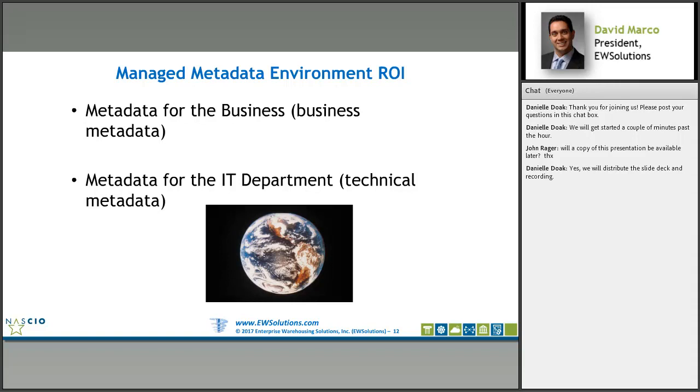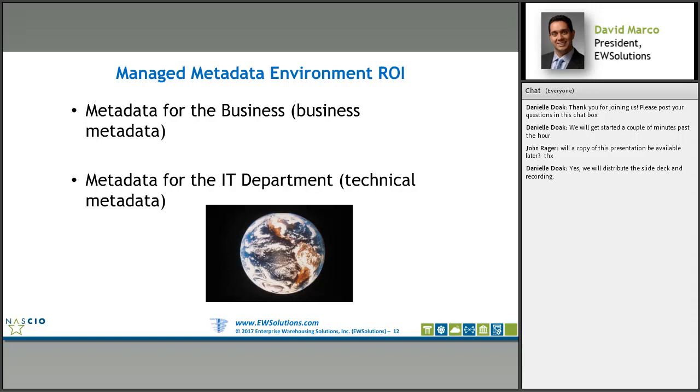Maybe it's your taxing department, maybe it's your roads, maybe it's your streets and sanitation, maybe it's education. It provides that semantic layer between those systems and our knowledge workers. Technical metadata is metadata designed for our IT department. It helps them better manage, maintain, and grow their IT systems.